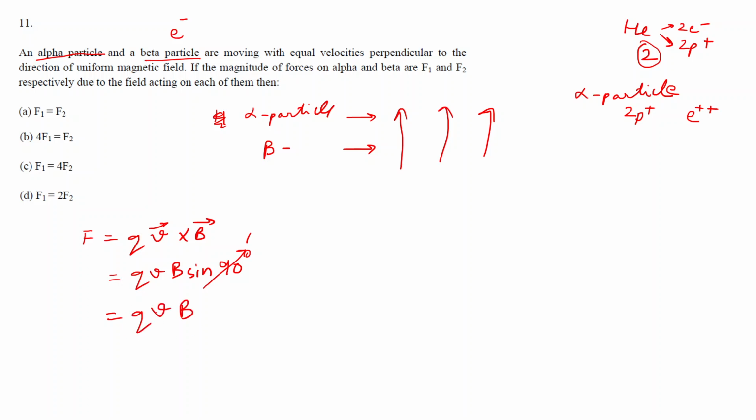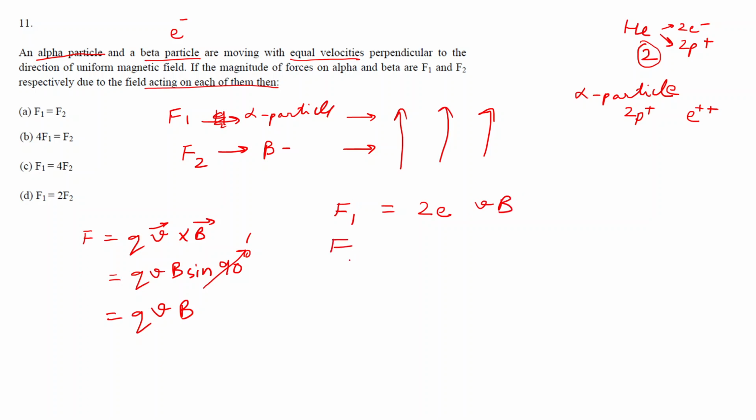Now their magnetic field is the same for both, their velocities are also the same as given. Only the charge on them is different. So we have been told that the force on the alpha particle we call F1, and the force on the beta particle we call F2. What is the relation between these two forces? For F1, the force on the alpha particle, the charge is, as we said, 2 times the electron charge, so Q will be this, and B is the same.